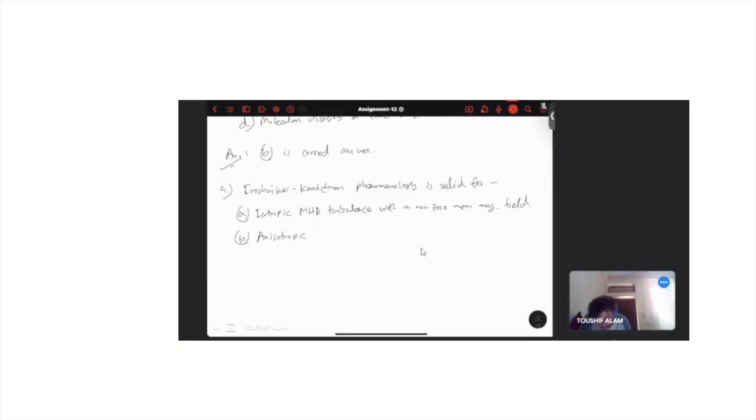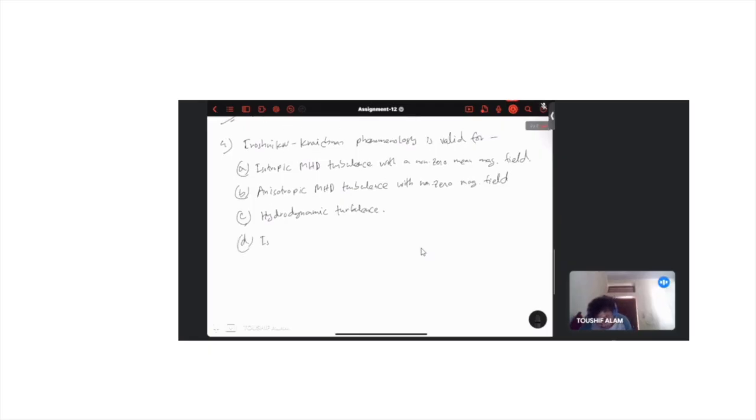An isotropic MHD turbulence with non-zero magnetic field, hydrodynamic turbulence, isotropic MHD turbulence with zero mean magnetic field.